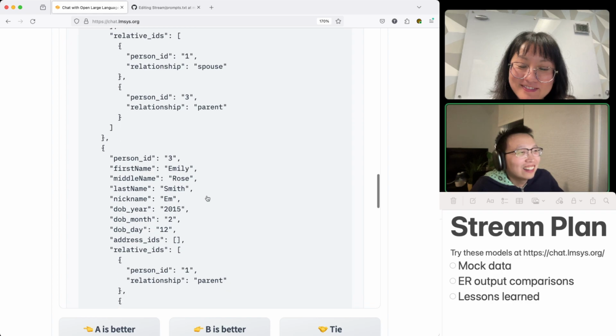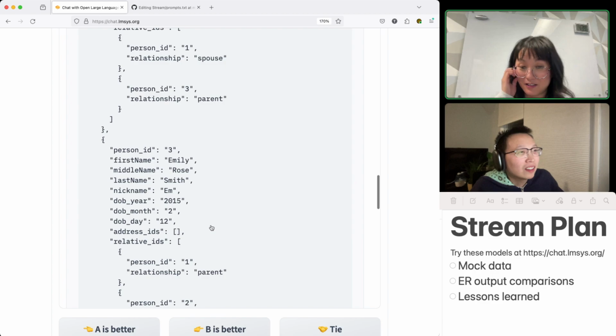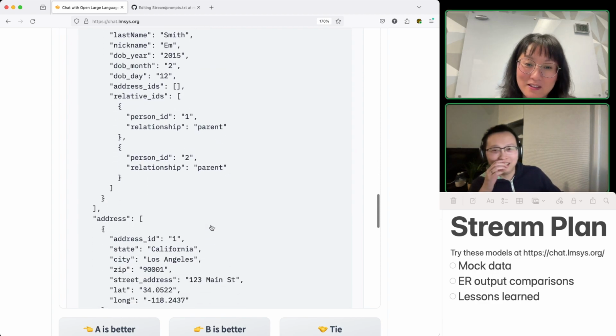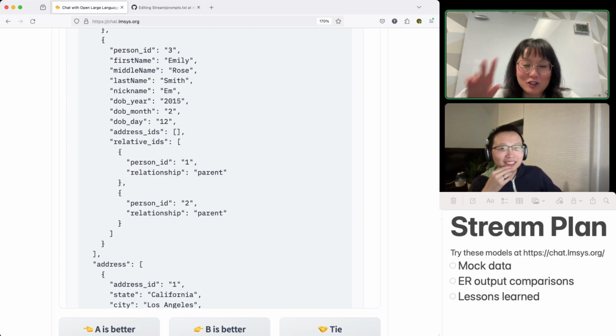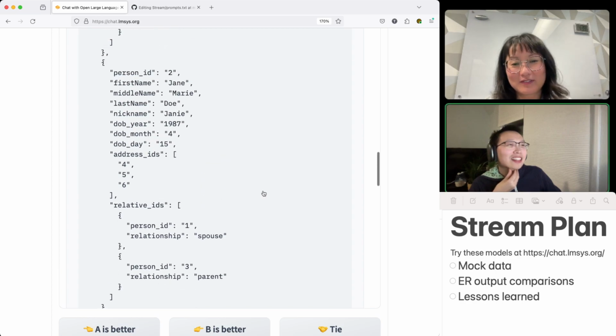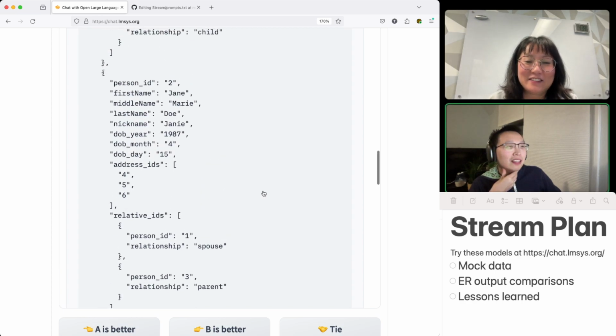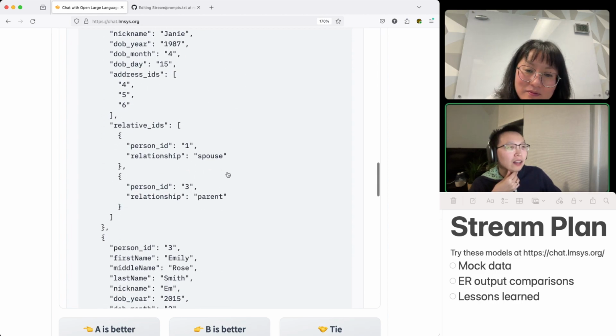And then Emily Rose Smith, parent one, parent two. Hey, it's pretty good. Other than the self-referential issue, it's pretty good. This one is okay.